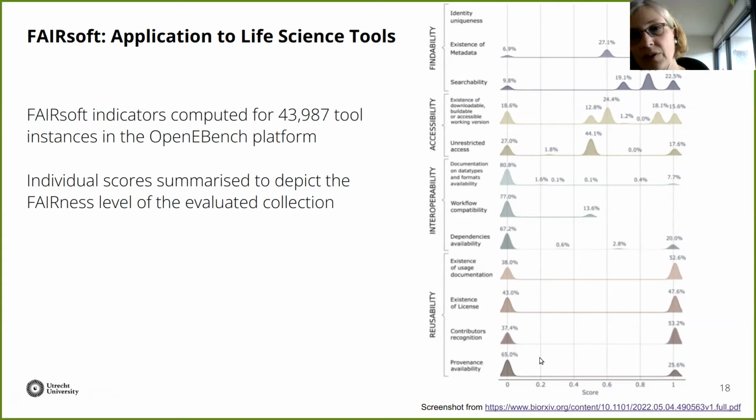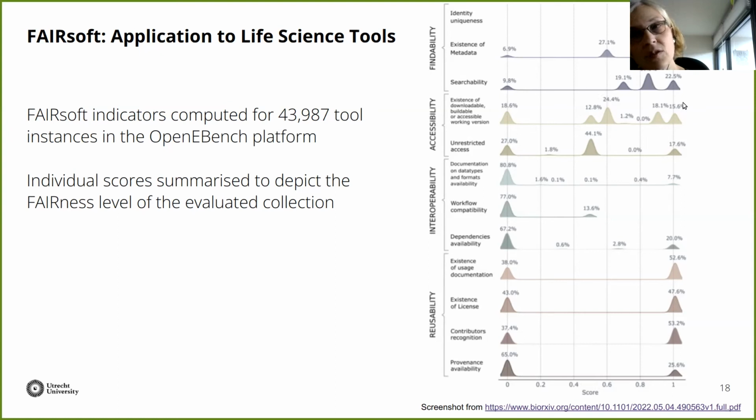And what you can see here in the plots, I hope it's readable on your screens as well, is that in general the pattern seems to be that the tools do pretty well on findability, because most of the tools get quite high scores here.